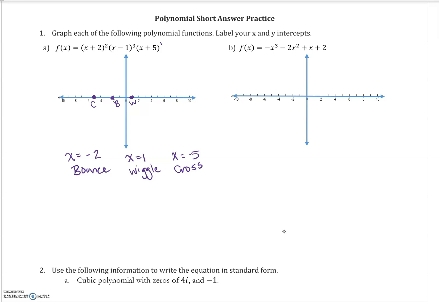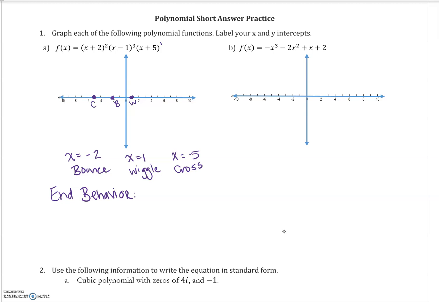Additionally, when we graph these, we need to know the end behavior, not necessarily the limit notation, but we need to know which direction the arrows are pointing at the ends of this graph. So if I look here, I have exponents of 2, 3, and 1.